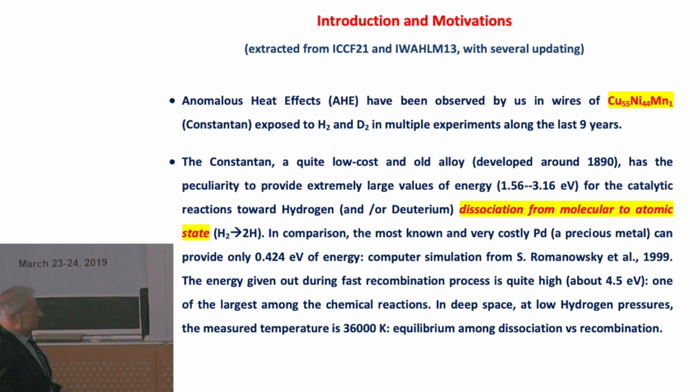Motivation: we use Constantan, an alloy of copper, nickel, manganese, copper 55, a very old material, made about 1890, no patent, so no problems. The point of Constantan is that it is able to give a very, very large amount of energy for the dissociation of hydrogen or helium from the molecular to the atomic state.